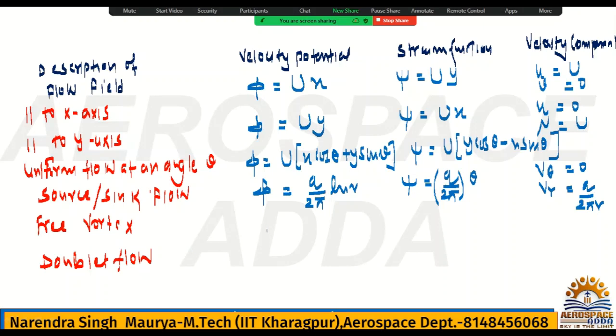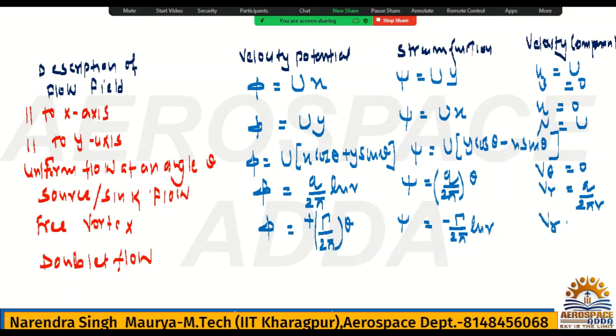Now we'll go for the free vortex. Phi is equal to, for the free vortex we got, I think it was circulation upon 2 pi theta, and psi was minus circulation upon 2 pi ln r.